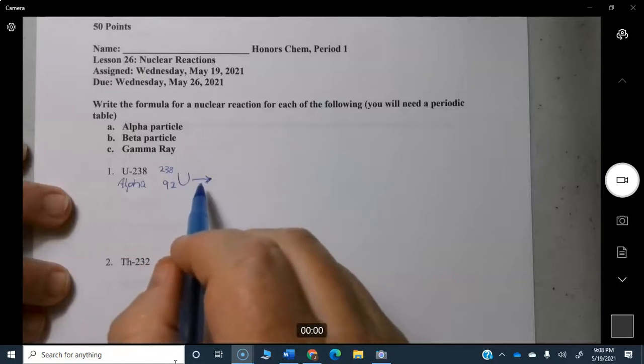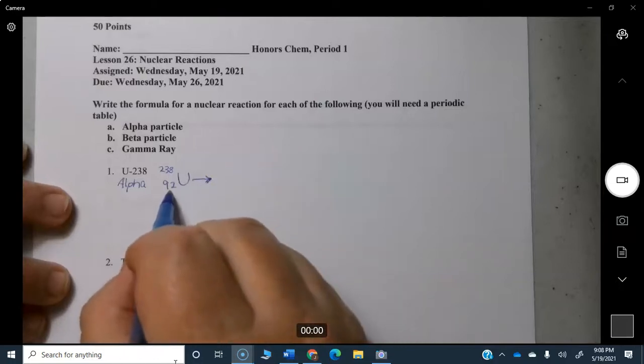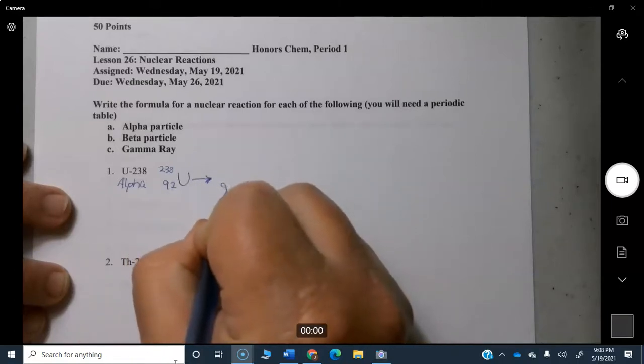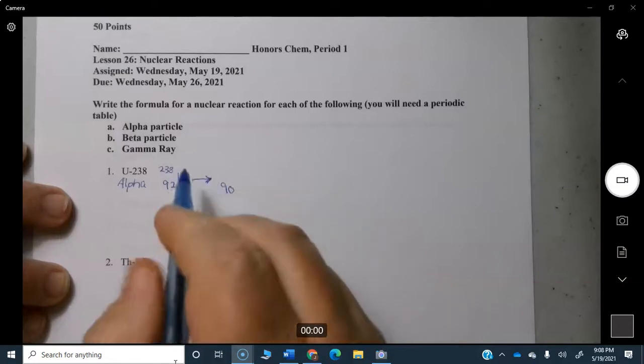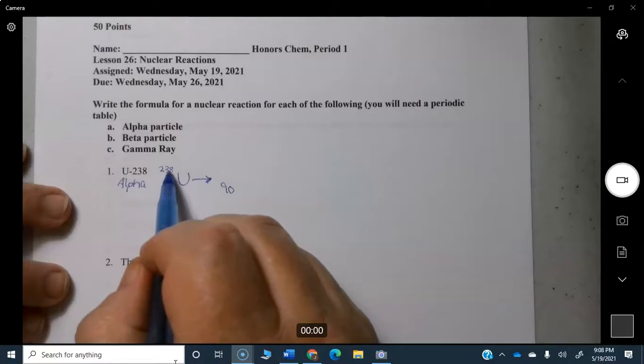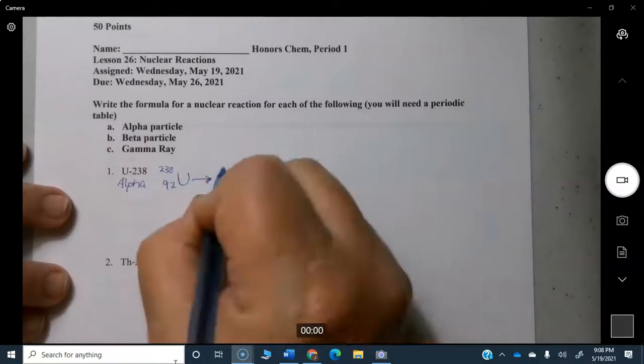Whatever is left will have 2 fewer protons, so that's 90. The mass number is the total number of protons and neutrons, and it loses a total of 4, so this number decreases by 4. That's 234.